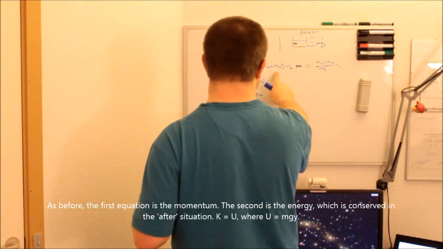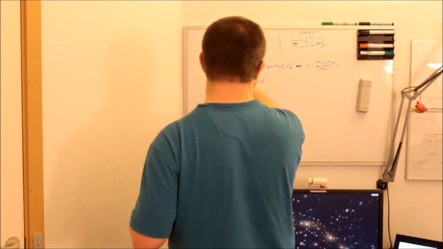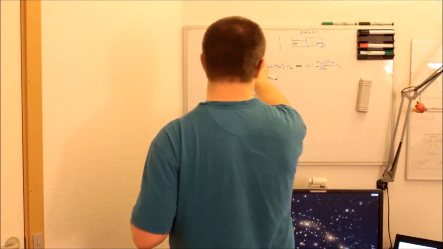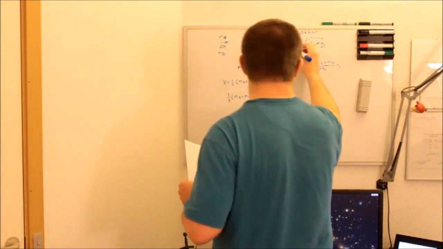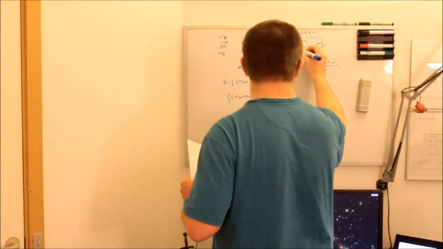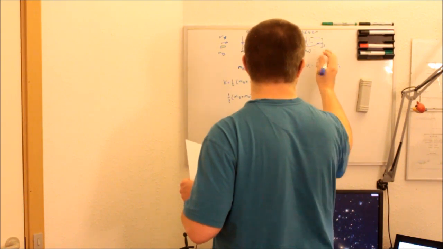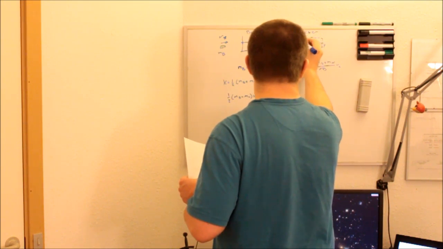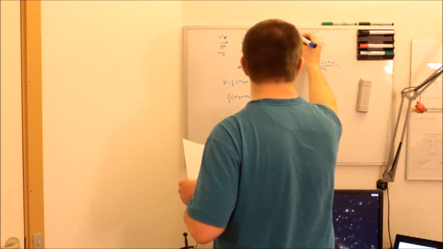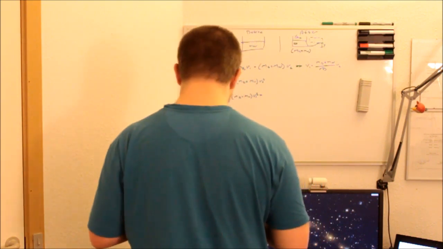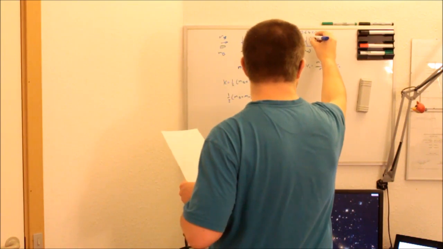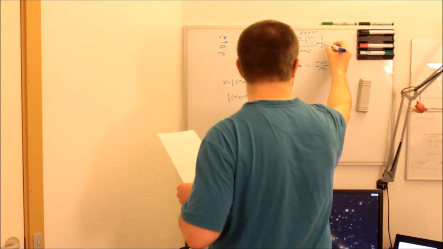This is before and this is after, because at first we just have the mass of the bullet times the velocity, and then in the second situation we have the mass of the bullet plus the mass of the wood times some velocity. The block of wood has some velocity that we call V2. And then the block of wood moves a distance upwards that we call Y.